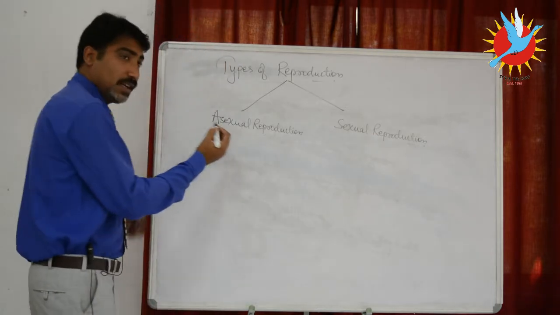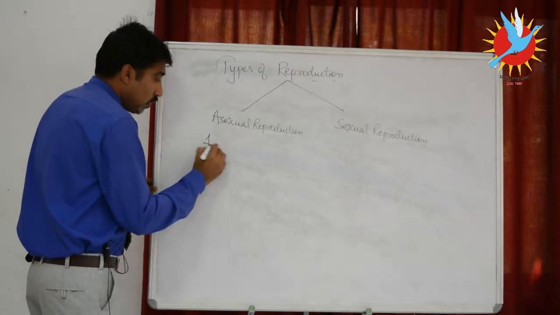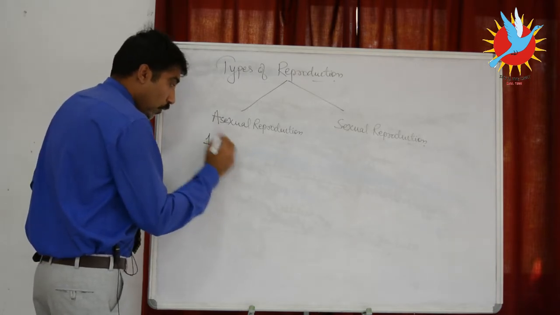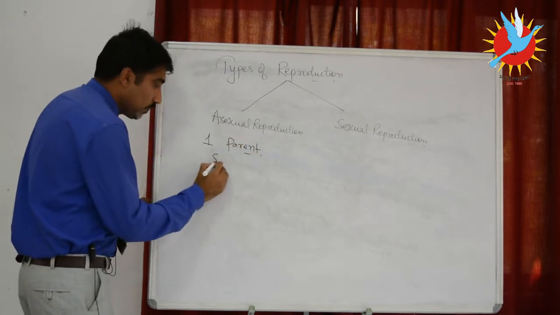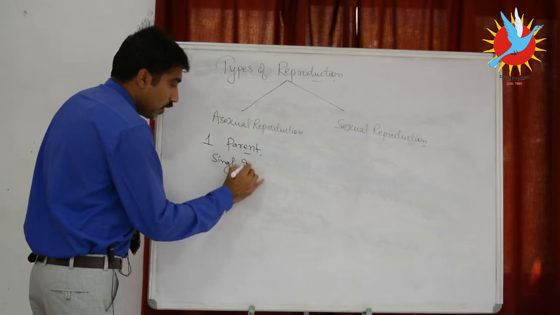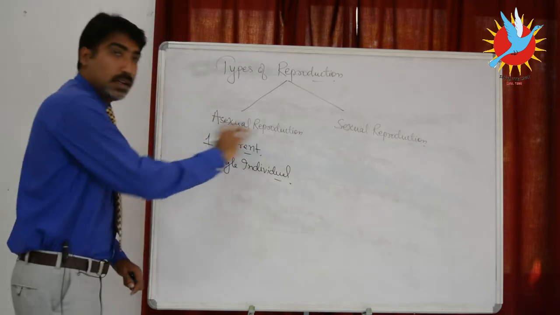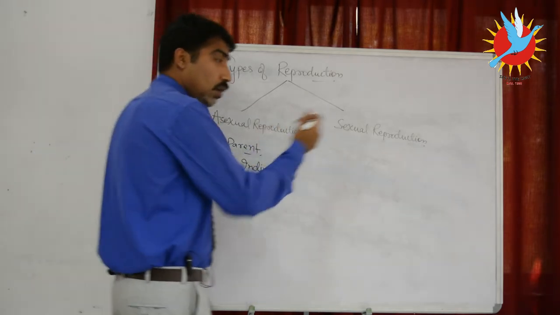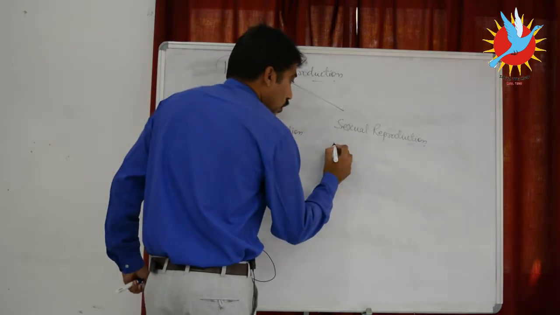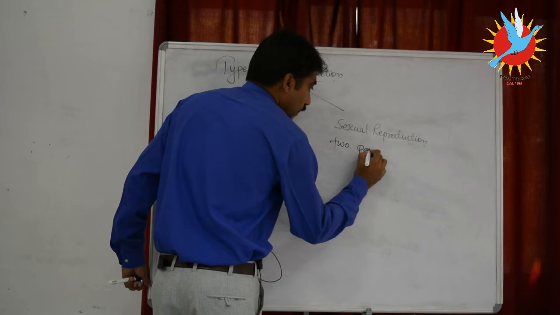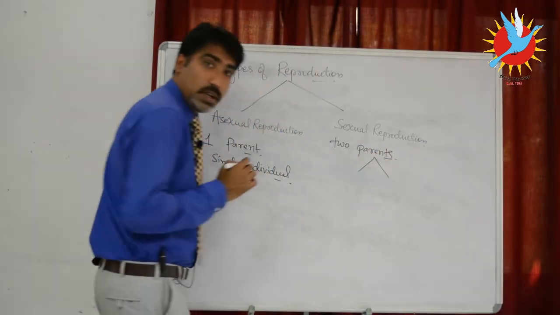The first difference is asexual reproduction is carried out by only one parent. Only one parent or single individual is involved in the asexual reproduction, while on the other hand, in the sexual reproduction, usually or generally two parents are involved, of different gender.